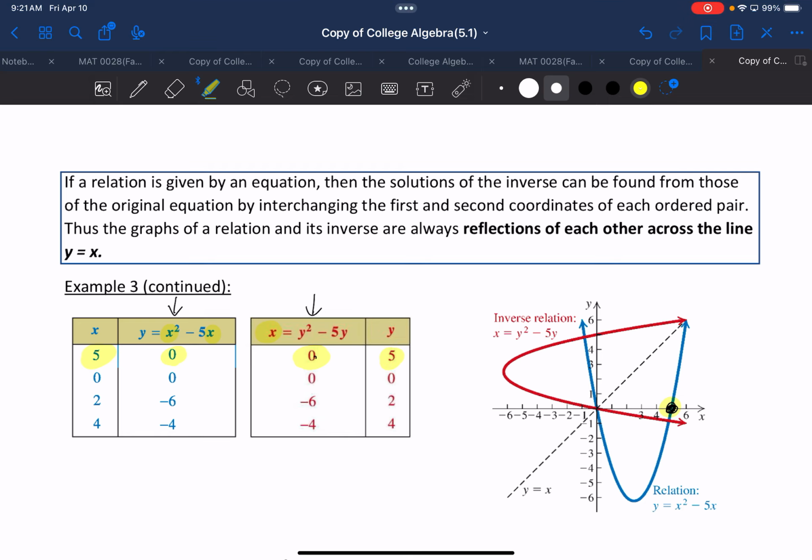And you can think about it as plugging 5 in for y, because 5 squared minus 5 times y would also be 25 minus 25, which is 0. So x would be 0. And that point is right here on the inverse graph, which is in red.